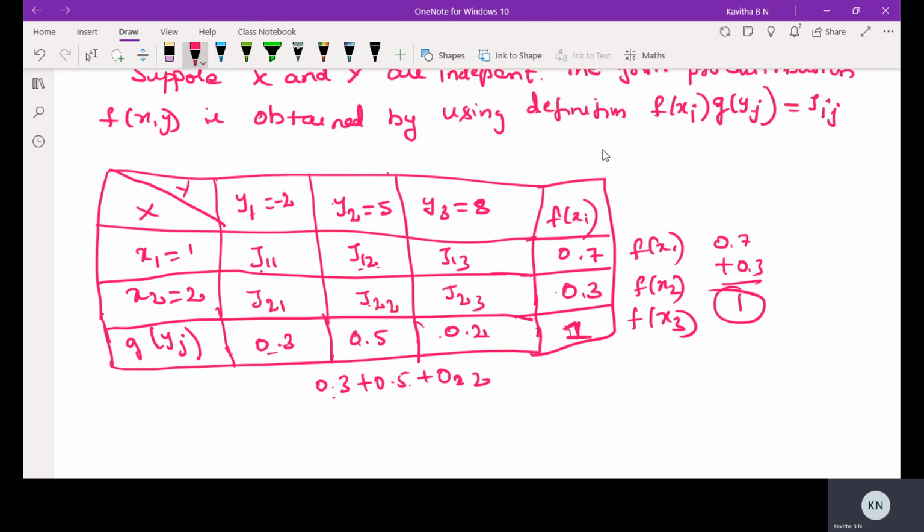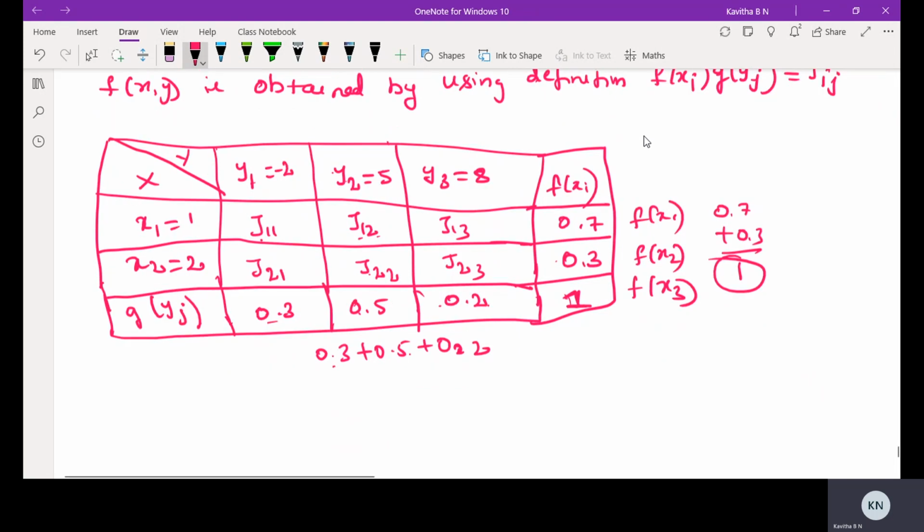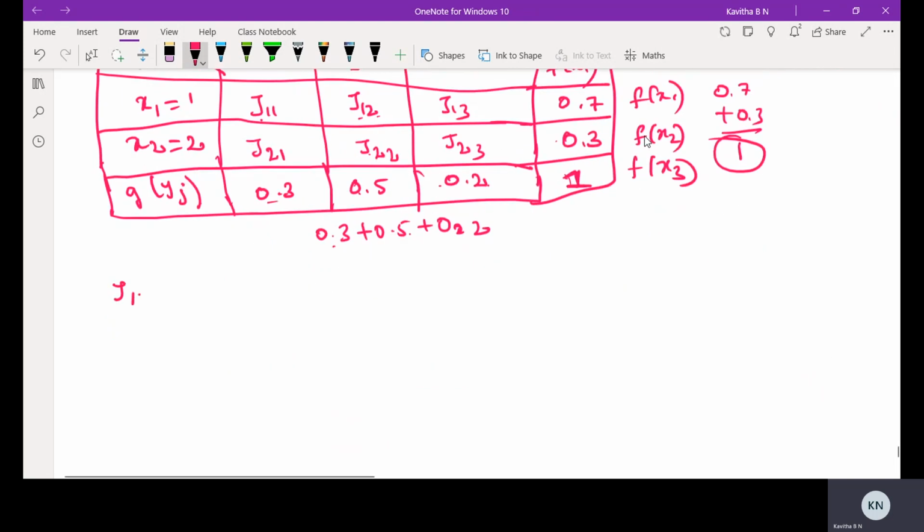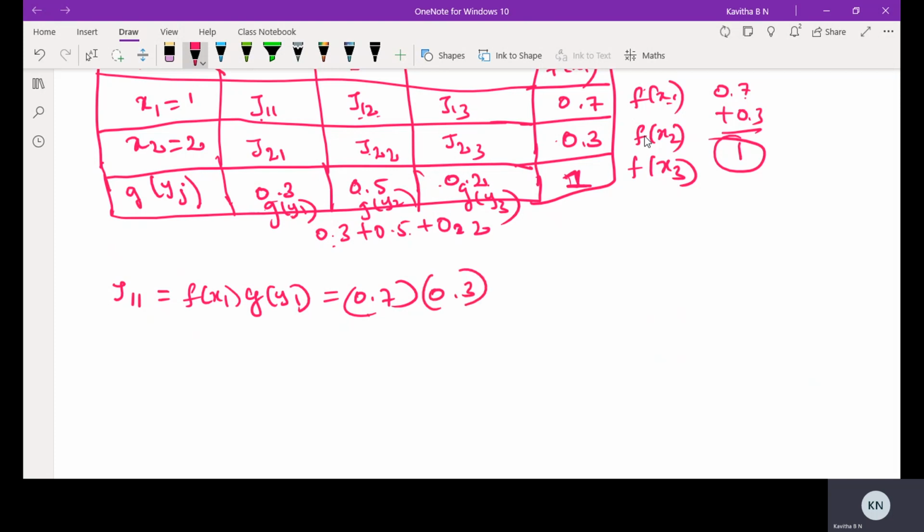First, J11 is f of x1 into g of y1. f of x1 is 0.7 and g of y1 is 0.3. So 0.7 into 0.3 is 0.21.